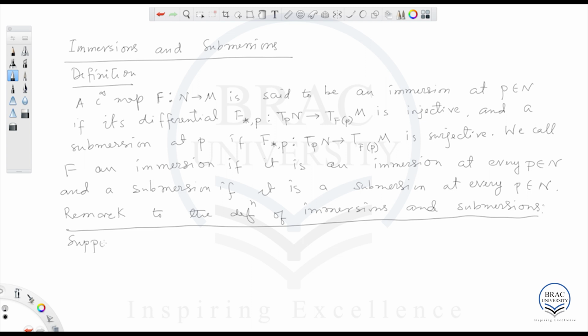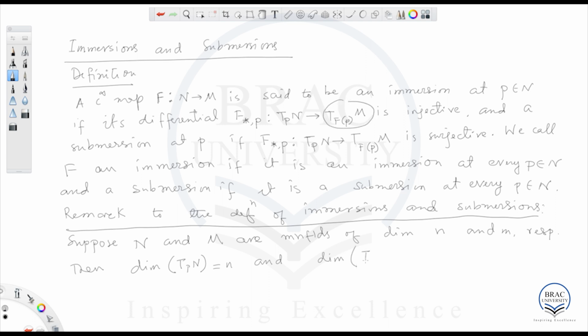Suppose N and M are manifolds of dimension n and m respectively. Then we know that the dimension of this tangent space T_P N is equal to n, and the dimension of this tangent space T_F(P) M is equal to m.